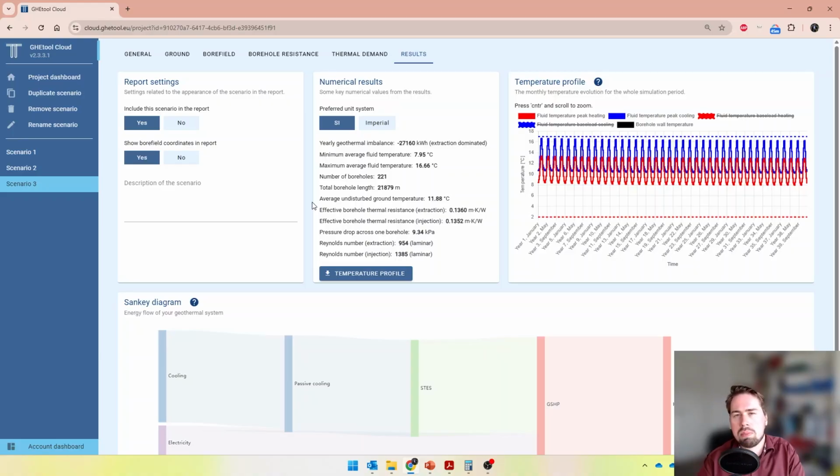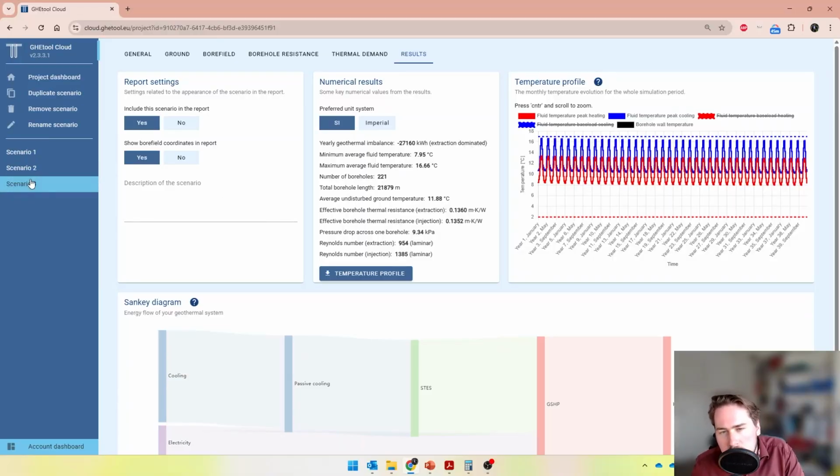So the earth is warm, it dissipates heat through the crust, but since it's a flux in watt per square meter, depending on the conductivity of your soil, if it's a good or a bad conducting soil, it changes the gradients. So since we're now working with a slightly better ground, the gradient is a little bit less steep, and also our ground temperature is a little bit lower than we had in scenario 2.